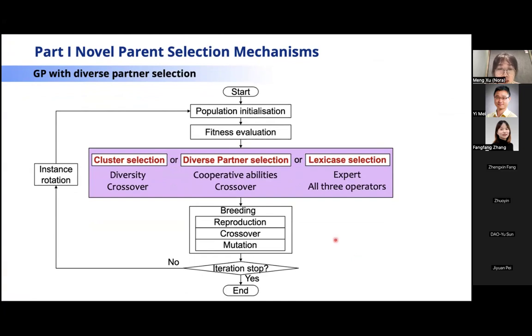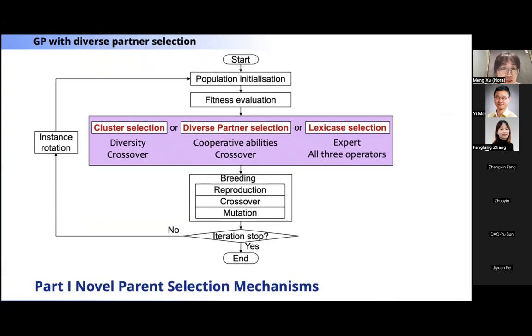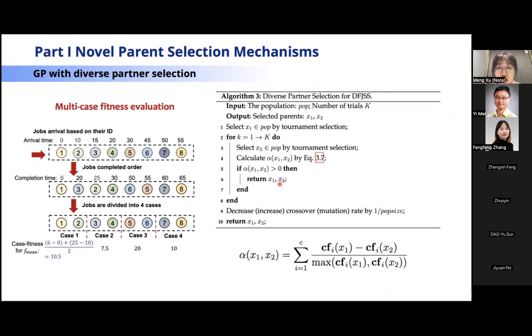And the diverse partner selection further considers the cooperative ability between individuals to enhance collaboration. So to calculate the cooperative abilities between individuals, we aim to determine whether one individual can benefit the other at a certain stage of the scheduling process.